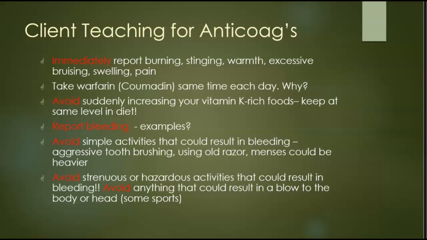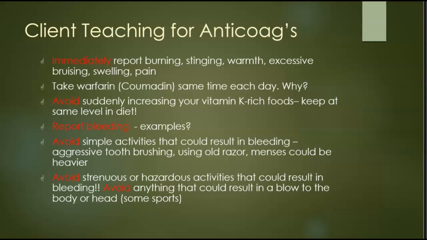Report bleeding. So we already talked about that. We gave you examples at the beginning of overt and covert. And then avoid simple activities that could result in bleeding, like aggressive toothbrushing or using an old razor. We would actually recommend that people use an electric razor where there's less sharp blades, where the blades are hidden, they're inside.